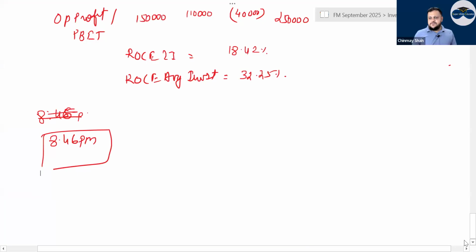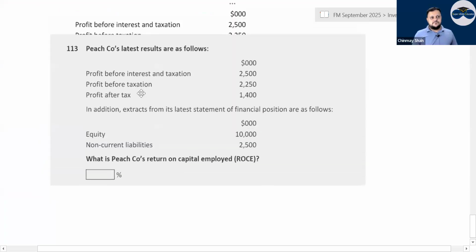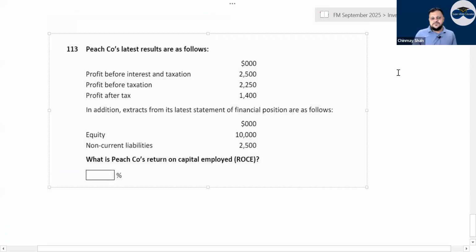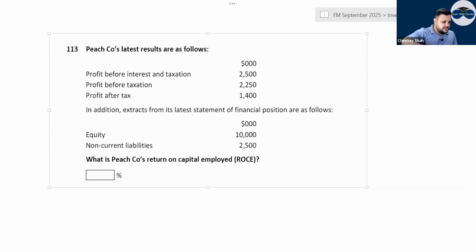Up till now, whatever we have done, is it different? Have a look at the question. Is the question visible to you guys? Yes. Peach company's latest results are as follows. Correct?